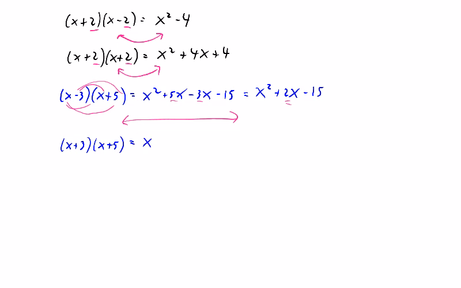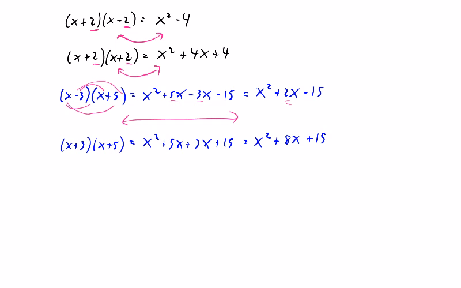When we multiply out all of the terms of the first times the terms of the second, we end up with x squared plus 5x plus 3x plus 15. So this time, when we combine the middle terms of 5x and 3x, we get x squared plus 8x plus 15.